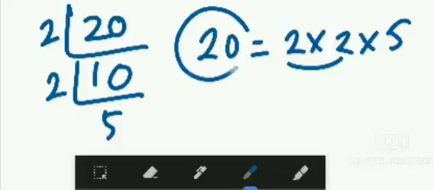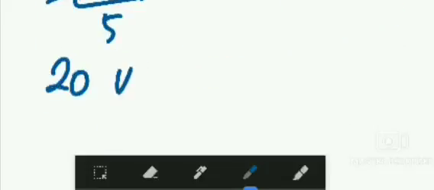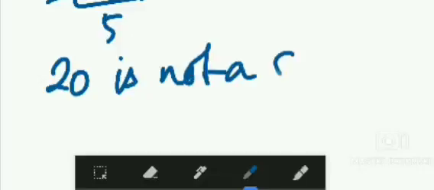So this 20 is not a square number. If there were 2 5s or 4 5s, that means there are pairs and no number is left, then the number will be a square. But this 20 is not a square number. Okay, so write down in your copy, 20 is not a square number.